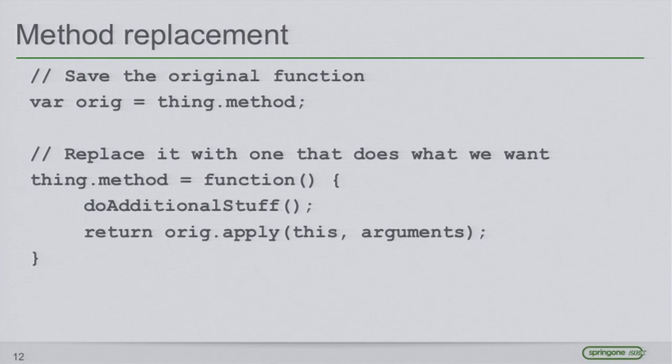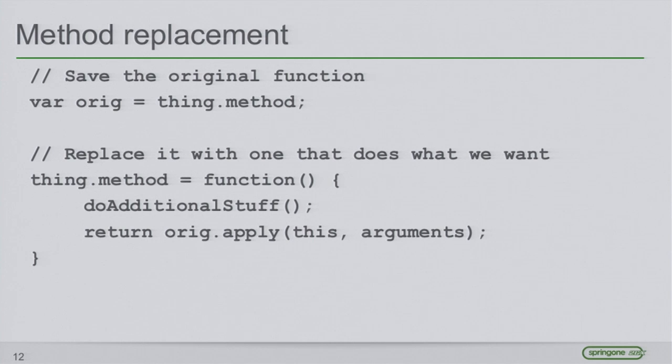And then, if you came to John Hann's talk this morning, it uses function.apply to invoke the original function in the context using this, which, if you were there this morning, you saw about the dot operator. In this case, if you call thing.method, thing will be this, and pass the same arguments that are passed to this function. So this is a very simple, very JavaScripty, very dynamic, within the language itself, way to augment the behavior of a method. And this technique is called method replacement for obvious reasons.